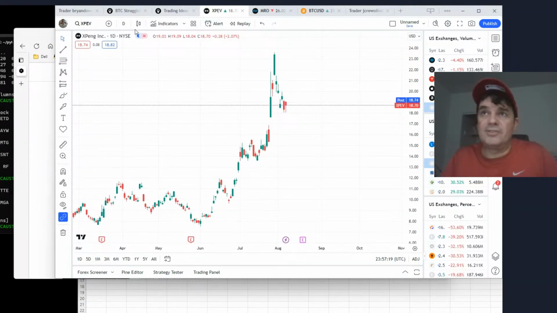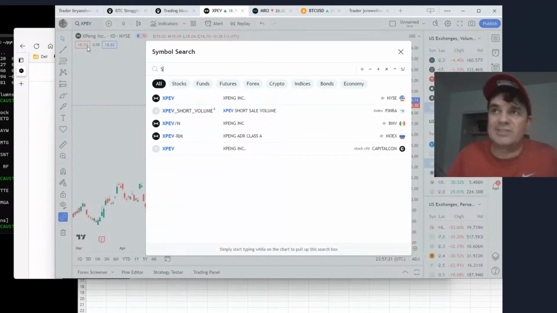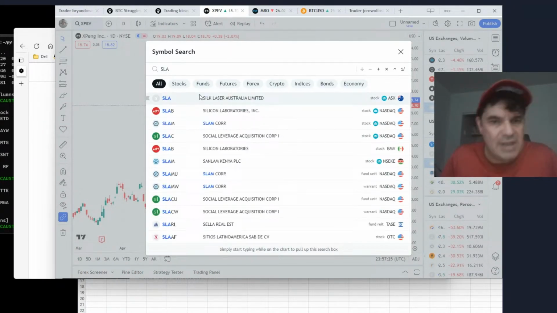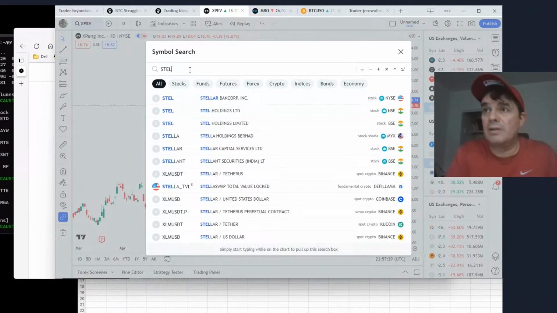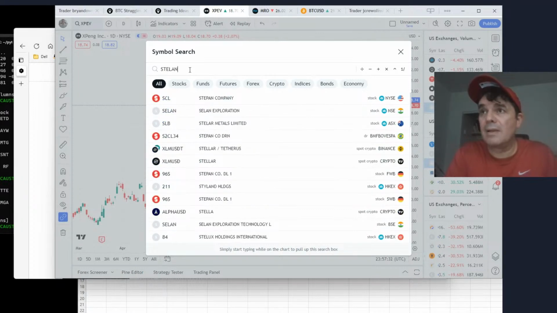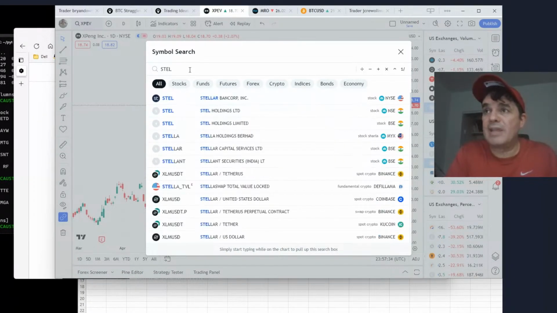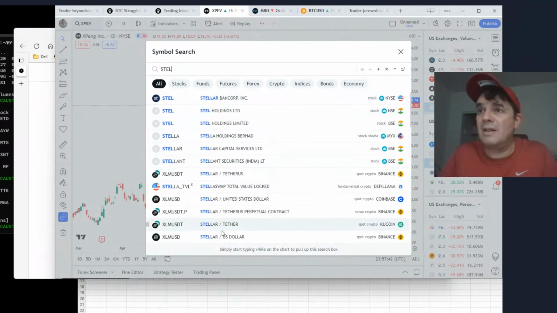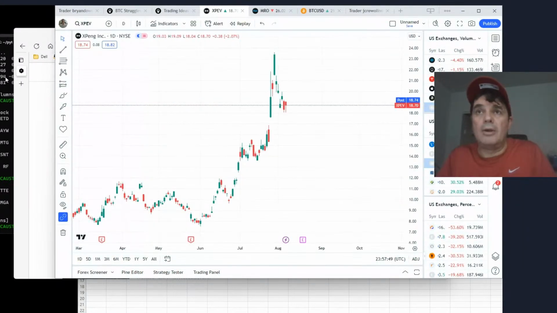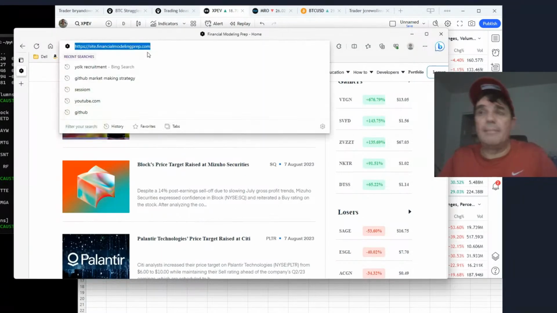One of the car manufacturers that has kind of done okay is Stellantis, which is like Fiat Chrysler. Let me just see if I could find it here. Stellantis. I just can't remember the name of the symbol. Let me pull up a browser here. There are thousands of stocks there that you can't obviously memorize.